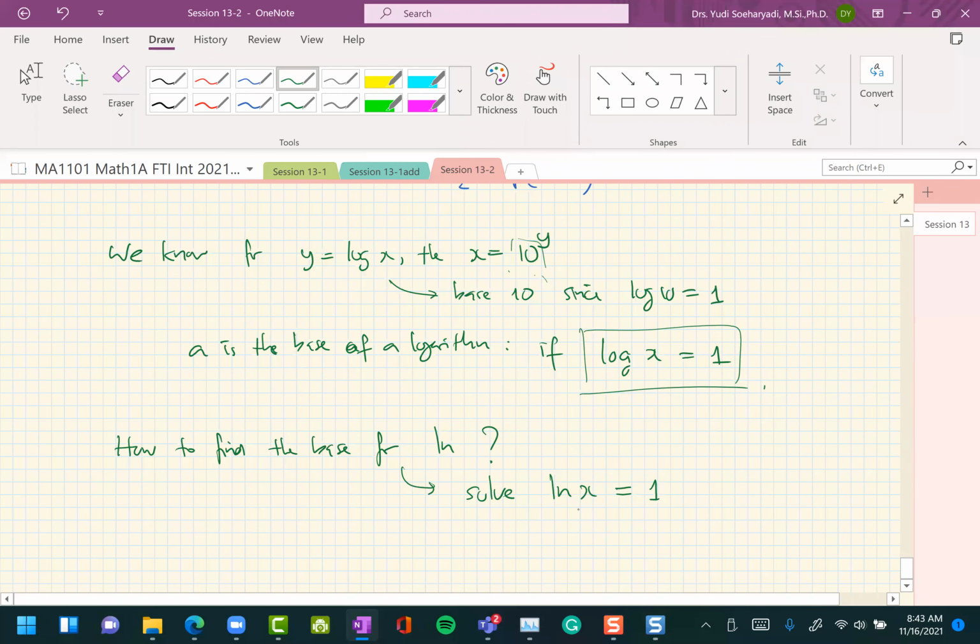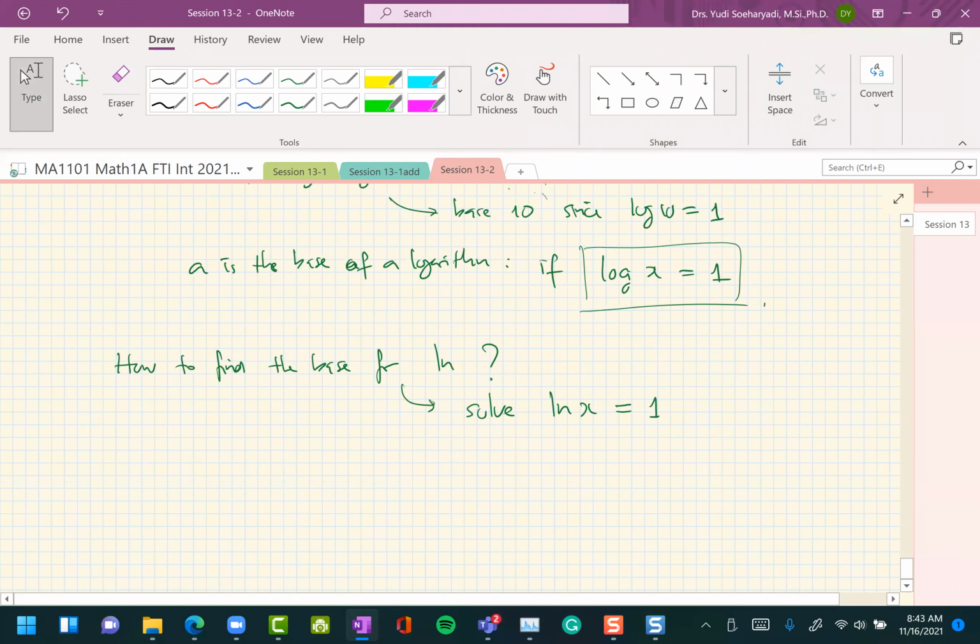Because if you get the solutions, that's the base. The solution is the base for this log function.